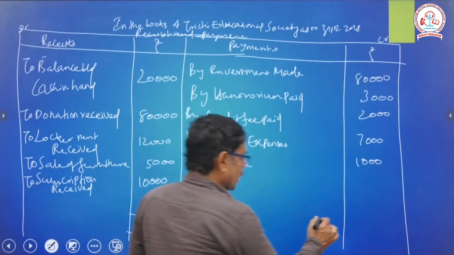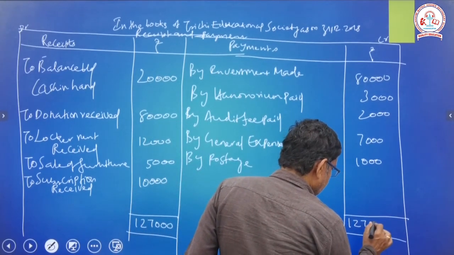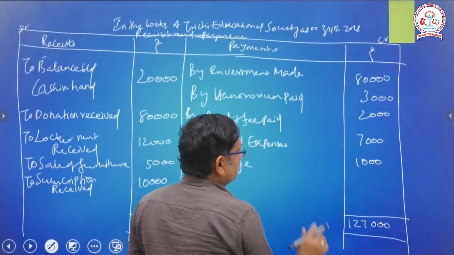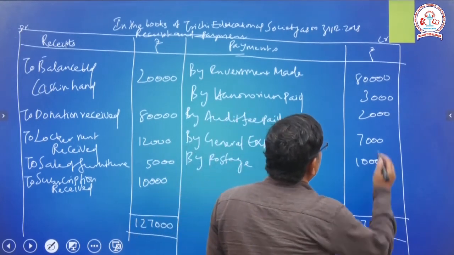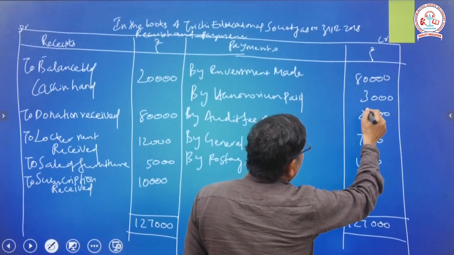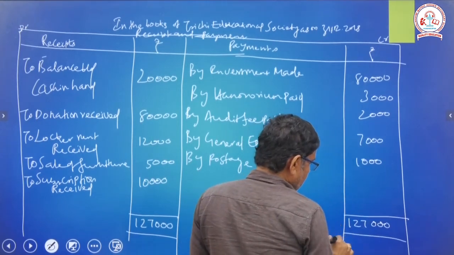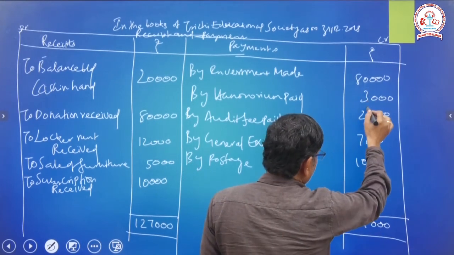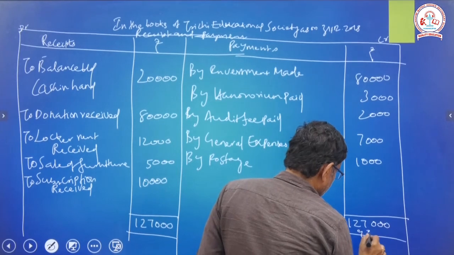This value is transferred to the payment side 1 lakh 27,000 and minus 80, 83, 85, 92, 93. So, 93,000. So, we are receiving the remaining balance. See here 80, 83, 85. So, 92, 93,000.